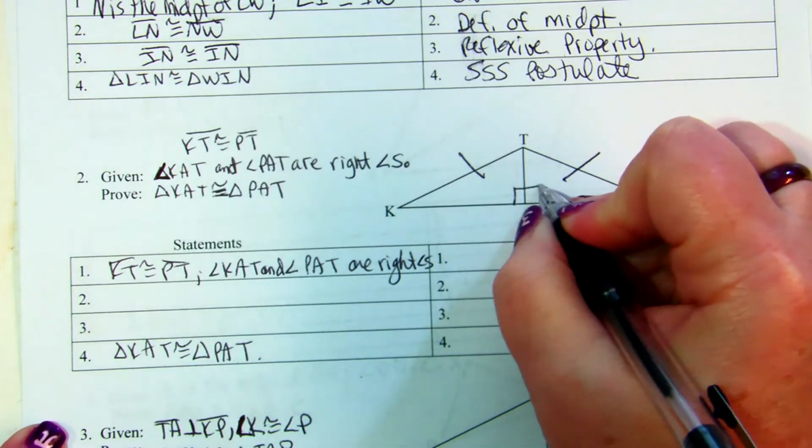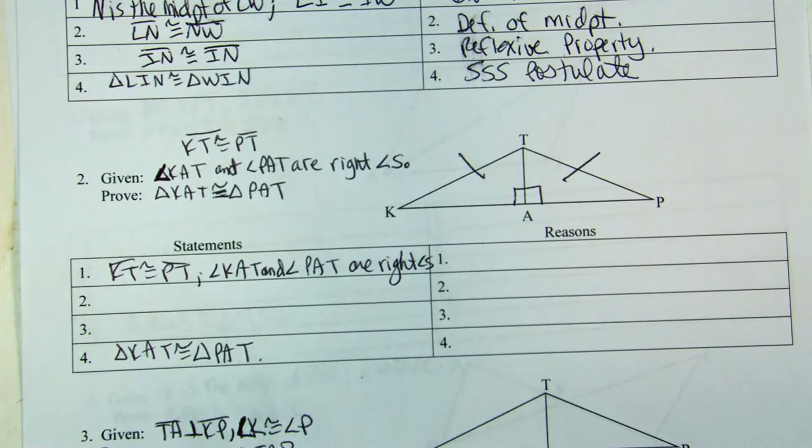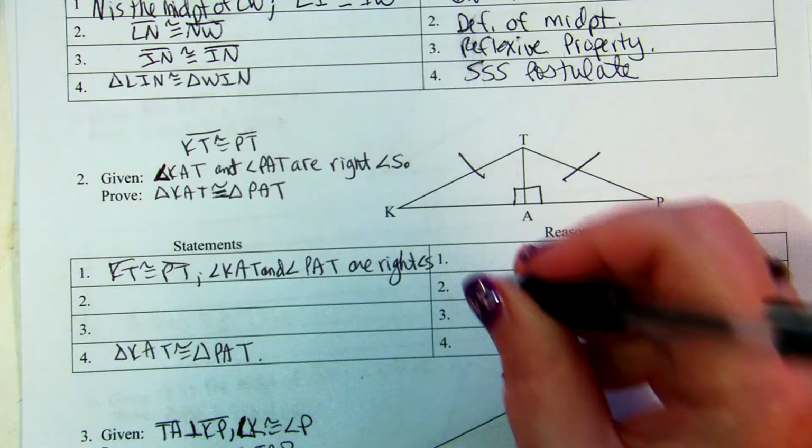Why do we want them to be right angles? Because we want them to be right triangles. And what's the only method of proving congruent triangles with right triangles? HL theorem. So we have given.